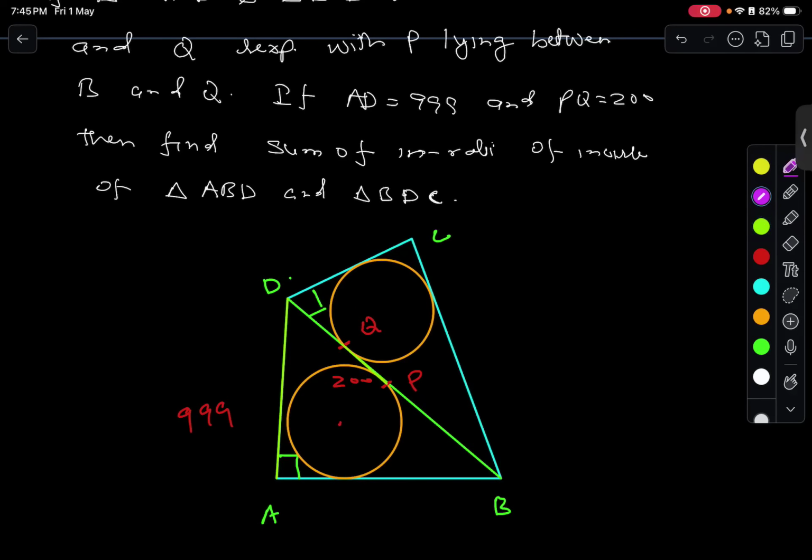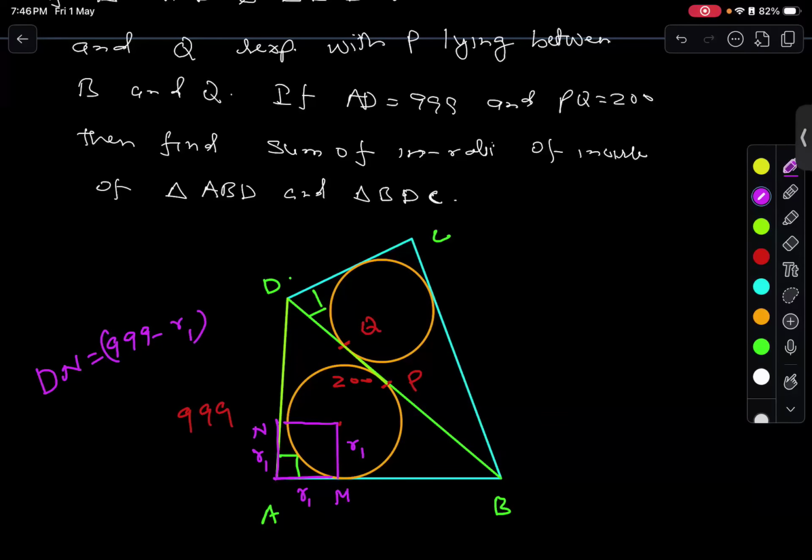These are the information that's given. And what we know, if this is the right angle triangle, this radius is R1. Can I say this is that I'm giving the name M? So this AM and AN both are length R1 and R1. So length of DN is 999 minus R1. Is this okay?